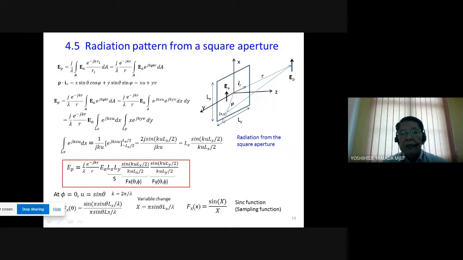This is similar to the rectangular horn, only the aperture area is shown. This is the fundamental equation to calculate the radiation field of the rectangular aperture. This A is this area.